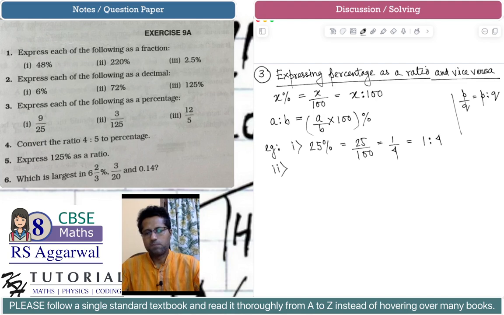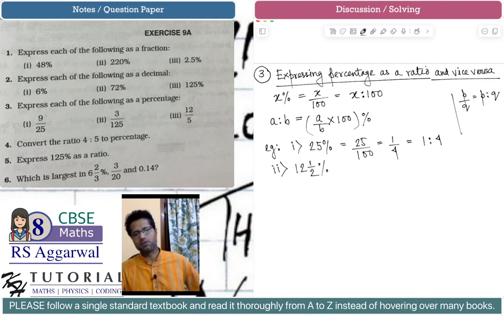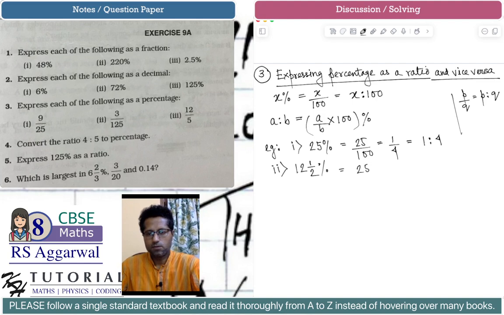Similarly, let's take another example: 12 and a half percentage. What will this be as a ratio? If the value of the percentage is a mixed fraction, always convert it to an improper fraction. So 12 and a half is 25 by 2. We have to express 25 by 2 percentage as a ratio.